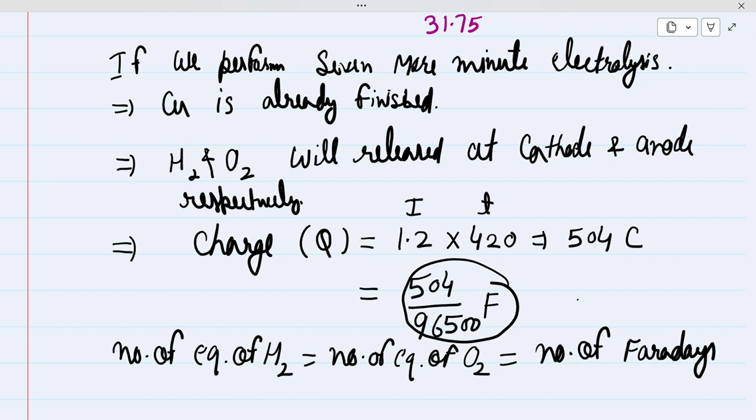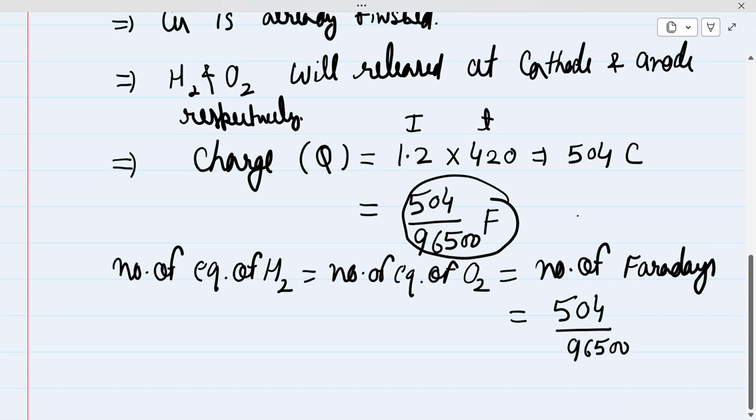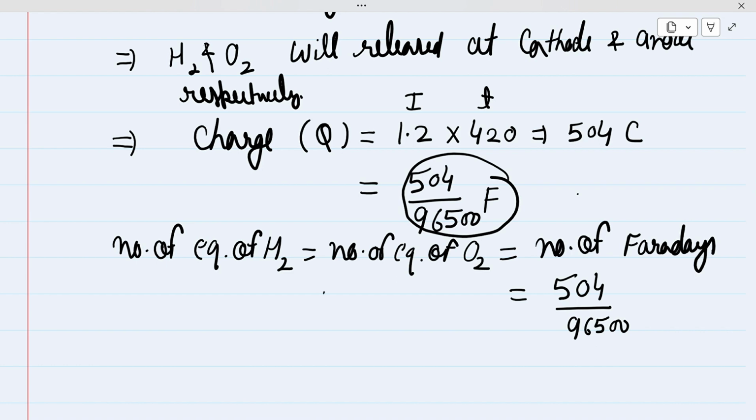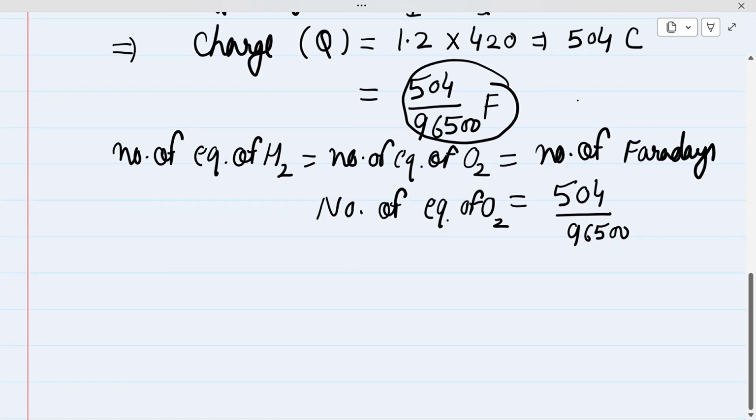The number of Faradays are 504 upon 96500. So the number of equivalents of O2 is equal to 504 upon 96500.